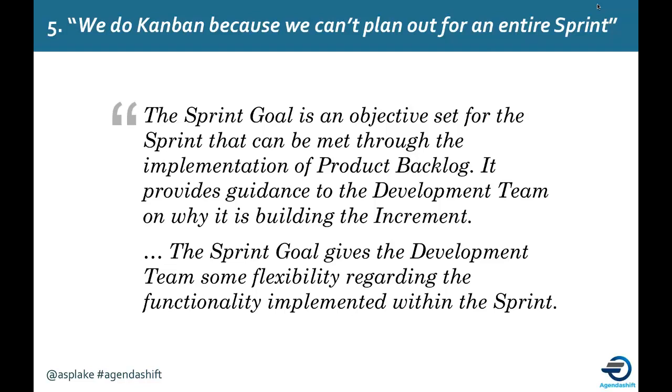And it's at the heart of Scrum, the sprint goal, an objective set for the sprint that can be met through the implementation of work that's found in the backlog. If all you're focused on is working your way through a list of tasks and you take your eye off that goal, you are actually misunderstanding Scrum.